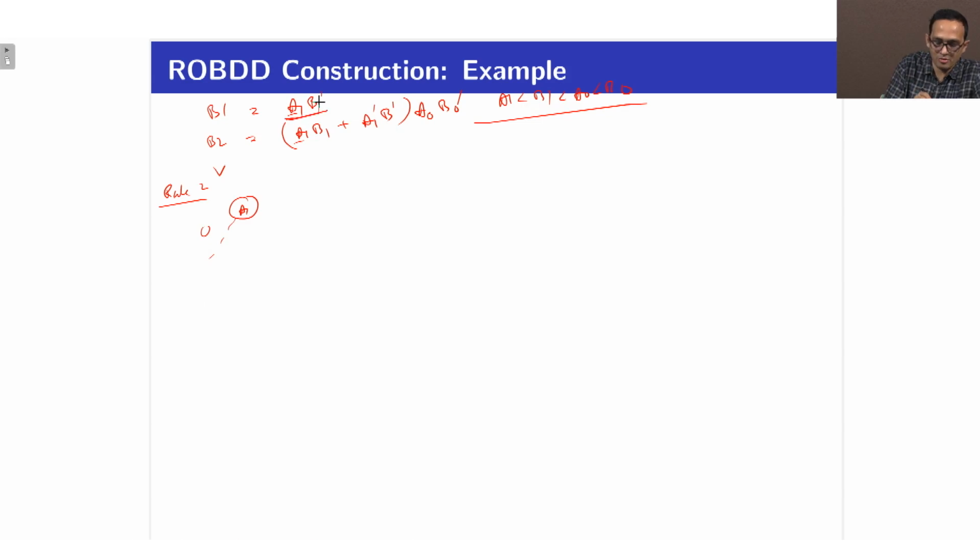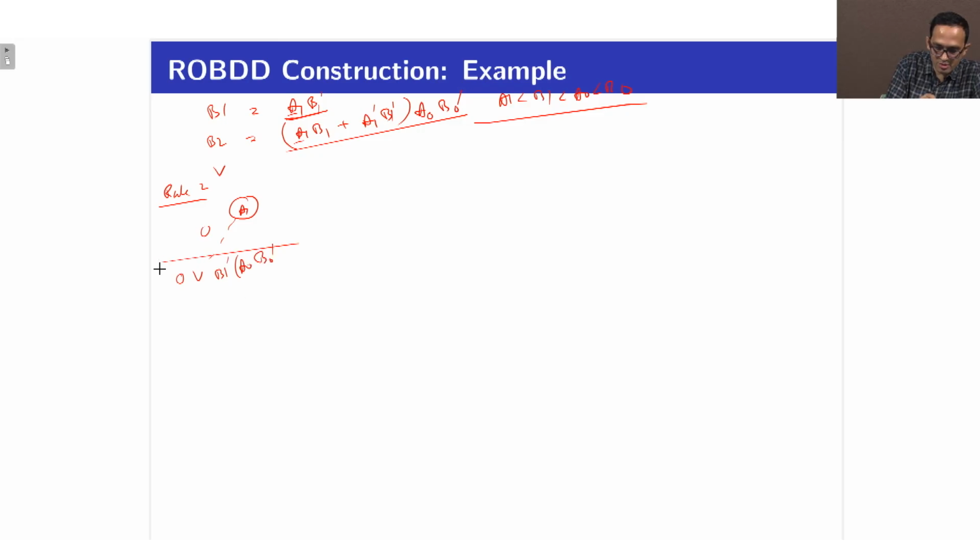So, what will happen? This will become 0, as I restrict this one with a1 equal to 0. So, if I put a1 equal to 0, this becomes 0, this becomes 1, and this part is not touched. So, it is basically b1 dash into a0 b0 dash.